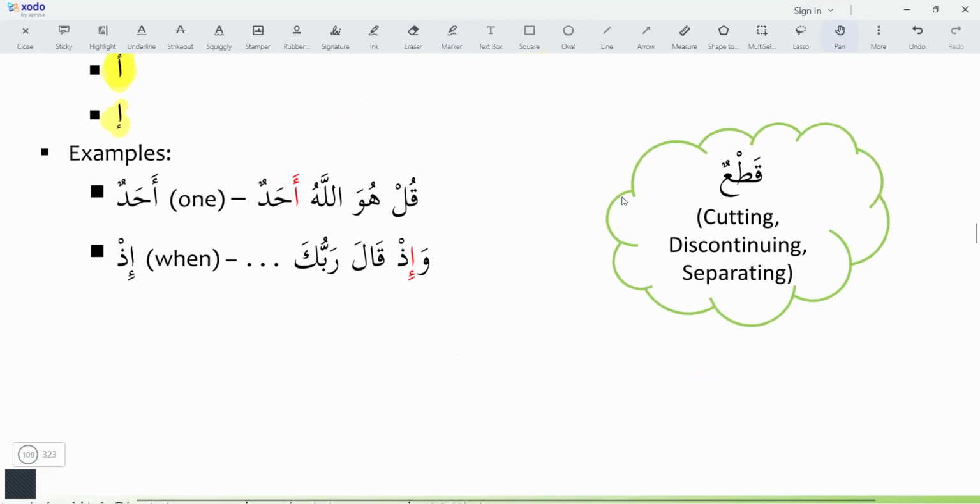And what is the meaning of this Hamza? Qat'un means cutting, disconnecting, separating. So this Hamza separates the words. Examples: ahadun, ahadun, one.